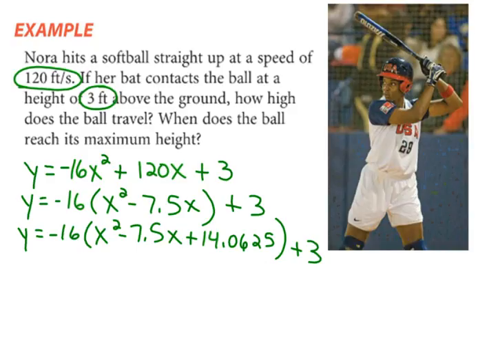Now remember, I'm not adding 14.0625. I'm adding 14.0625 times the negative 16 out in front. So when I multiply those together, I get negative 225. So I have to subtract the negative 225.